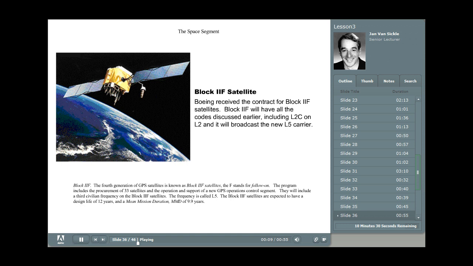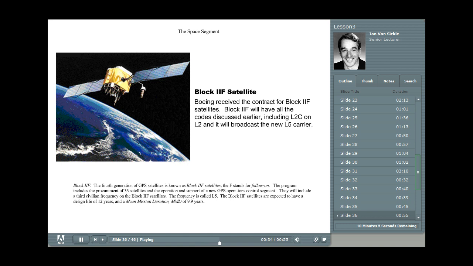Now, the Block 2Fs are the follow-on satellites. These are rather sophisticated compared to the Block 2s. They will have a third civilian frequency. They'll have the L2C signal and also eventually the L5.